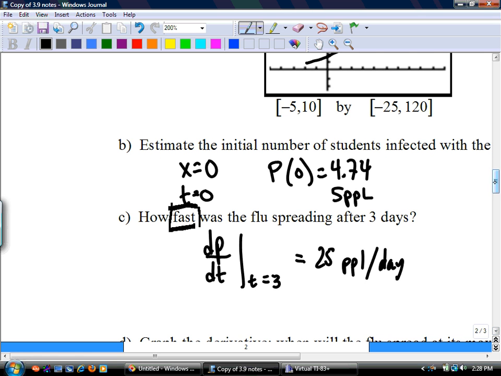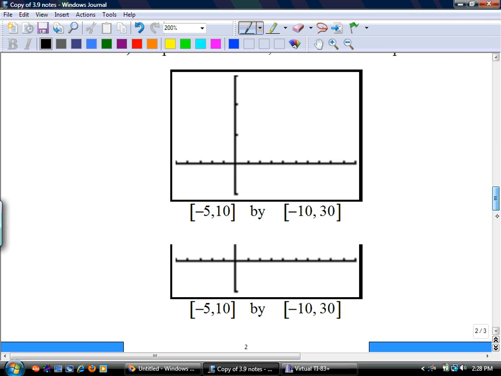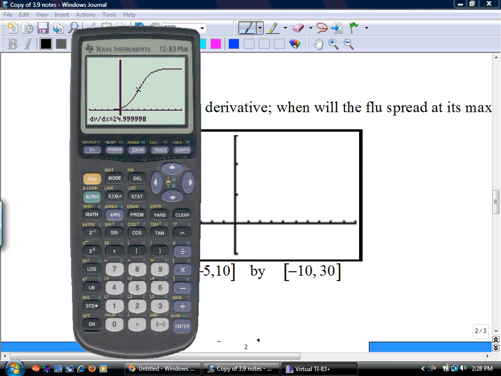What's D say? Graph the derivative. When will the flu spread at its maximum? Okay, so what we can do is get our math menu and nDeriv, then vars over to Y-vars, comma x, comma x.